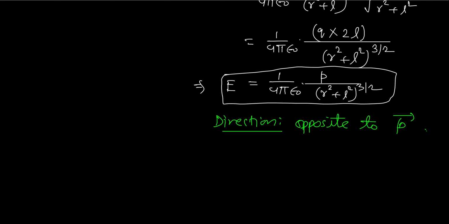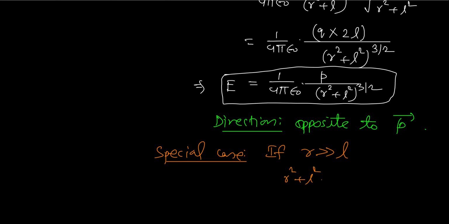We can also take the special case here like before. Suppose we say that distance small r is much greater than L. So if small r is much greater than L, it means the point is very far from the dipole, or the dipole is very small in length, then R square plus L square will almost be equal to R square, because L square is so small, adding it to R square will not make any change.